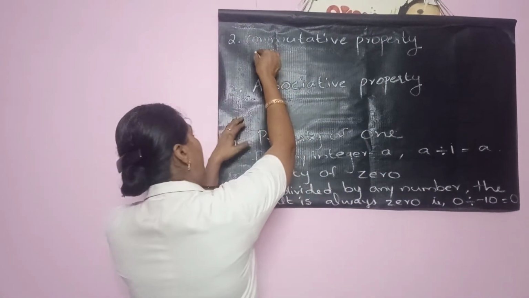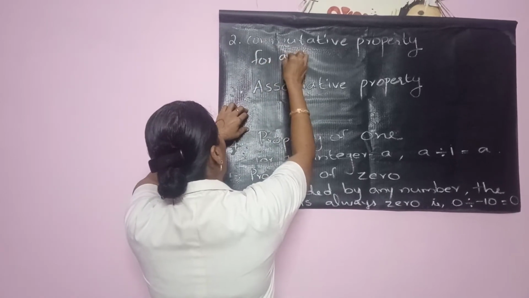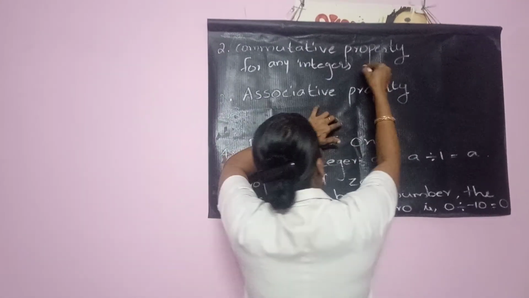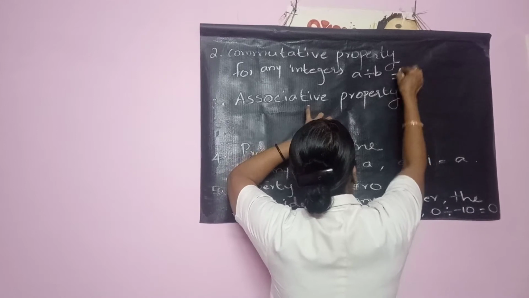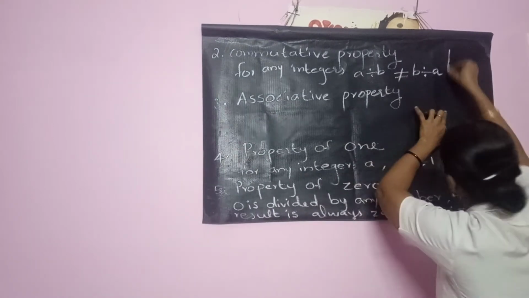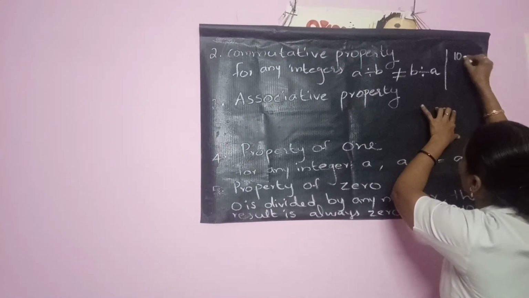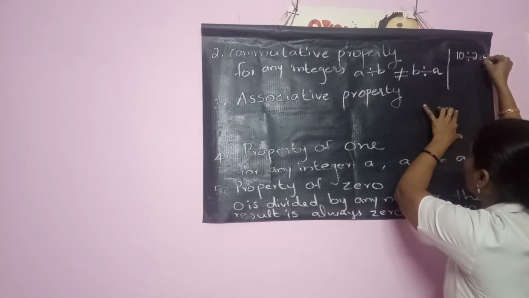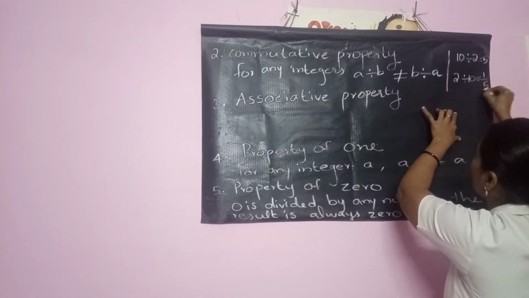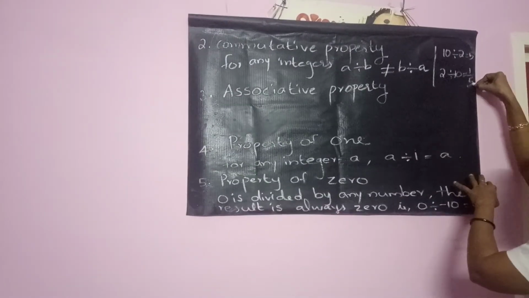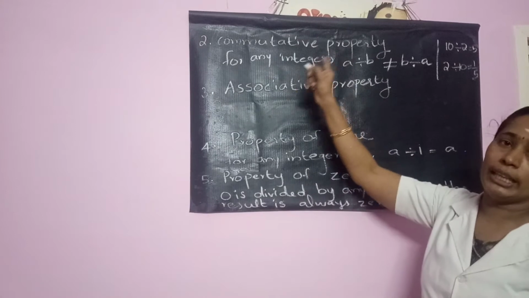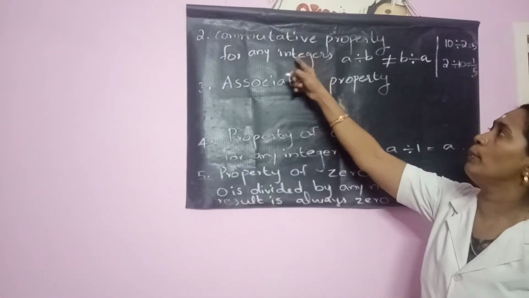That is, for integers, A divided by B is not equal to B divided by A. Because when you take the numbers 10 and 2, 10 by 2 we get 5. But on the right side, 2 by 10 is equal to 1 by 5. They are not equal. Moreover, 1 by 5 is not an integer. So, division of integers is not commutative.